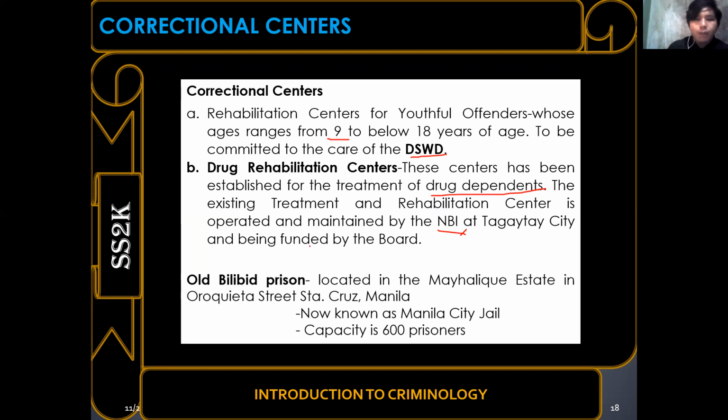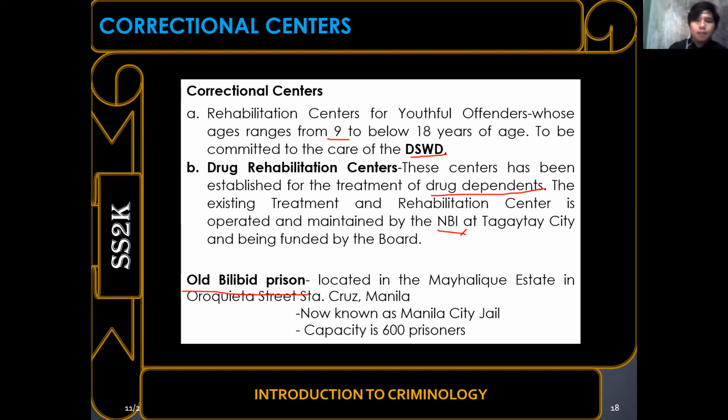Then, yung pong New Bilibid Prison, no, ay dati po na nasa Oroqueta Street in Santa Cruz, Manila, no? Pero nakipagpalit po ito ng lote doon po sa kinakatayuan ngayon ng New Bilibid Prison. Okay?